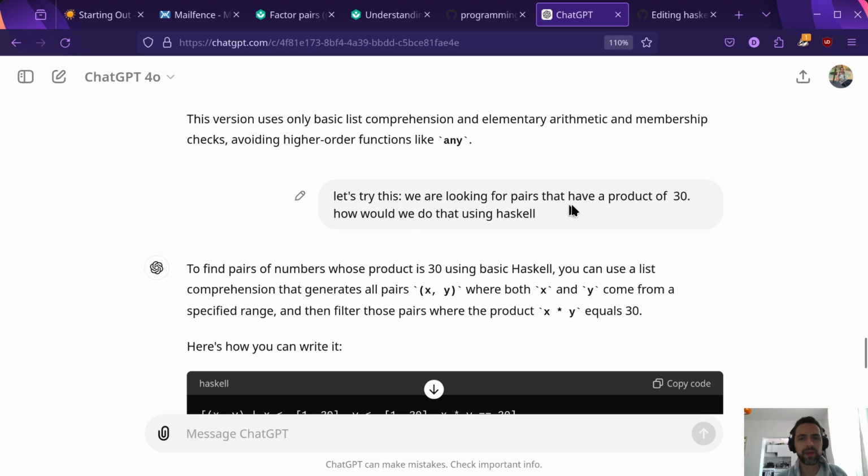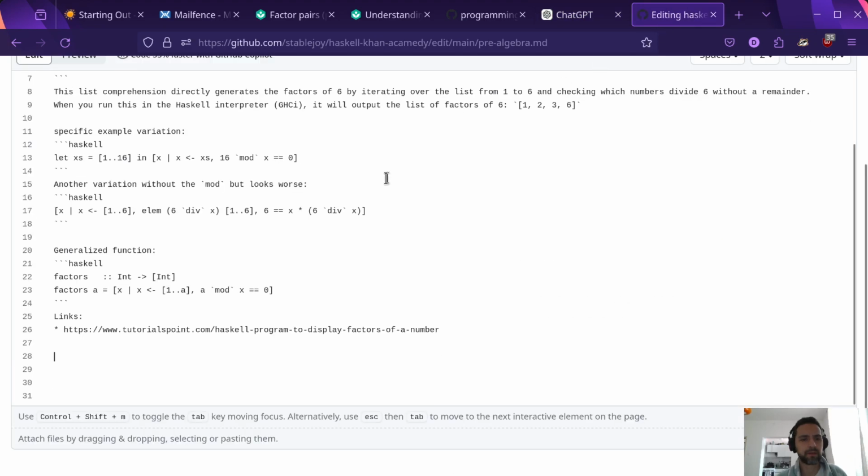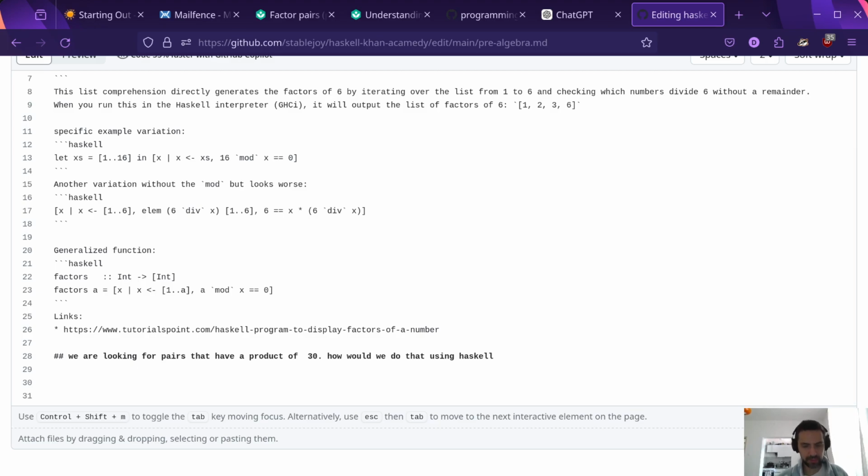We're looking for pairs that have a product of 30. How would we do that in Haskell?